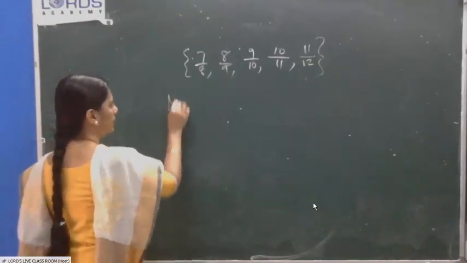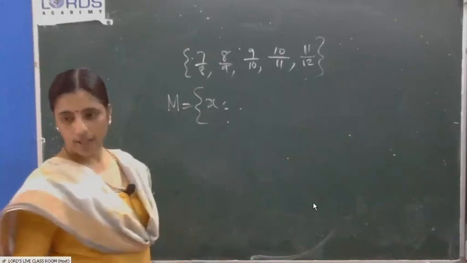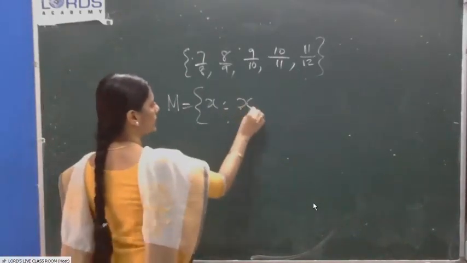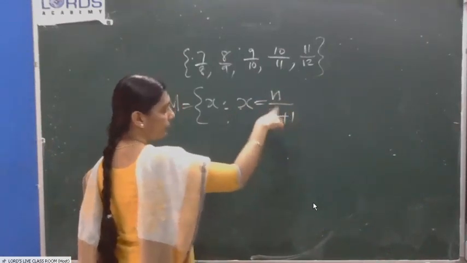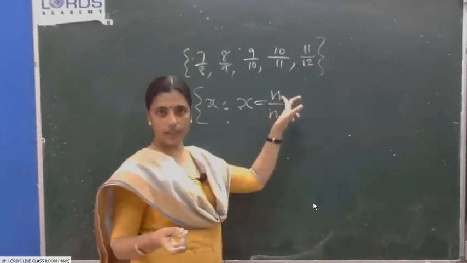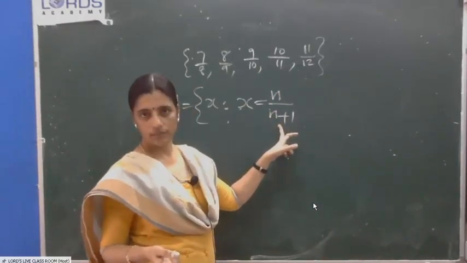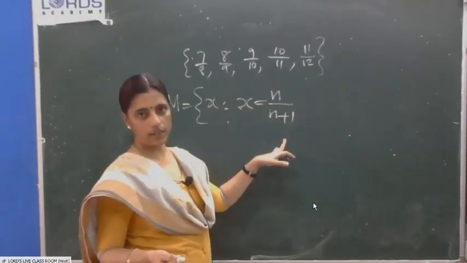So I am writing M equal to x such that, any letter you can write, x is equal to, what is the speciality? I told you, n by n plus 1. Generally, if the numerator is n, the denominator will be n plus 1, just 1 added. This general form you write.